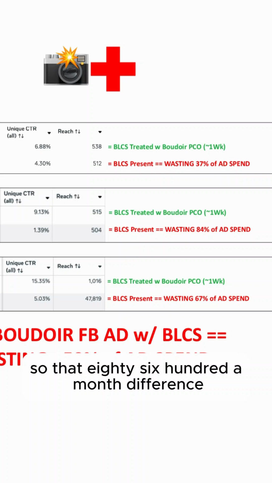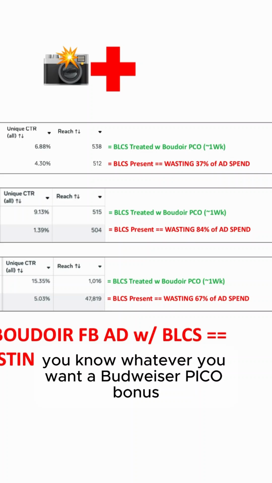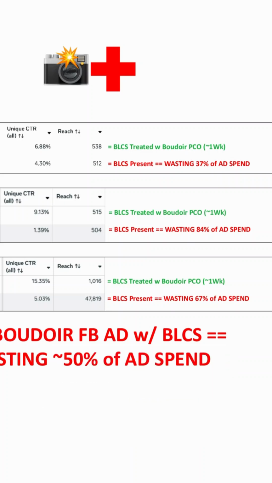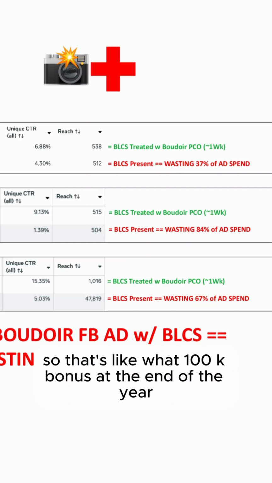So that 8,400 a month difference, they no longer have to spend it. They can just pocket it as kind of a phantom bonus, whatever we want, a Boudoir Pico bonus, simply from treating their BLCS with Boudoir Pico. So that's like what, a 100K bonus at the end of the year.